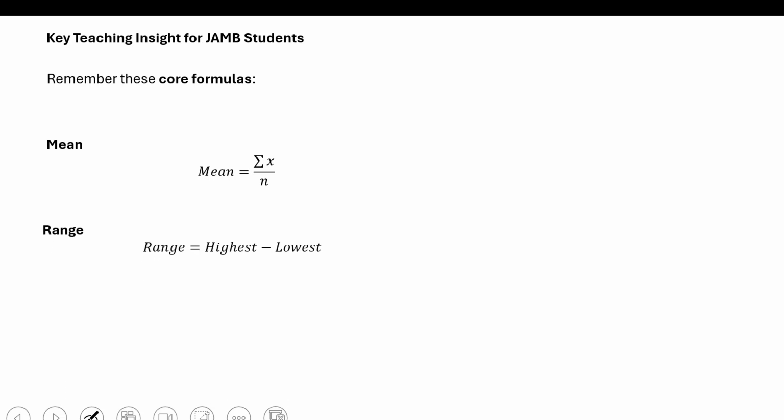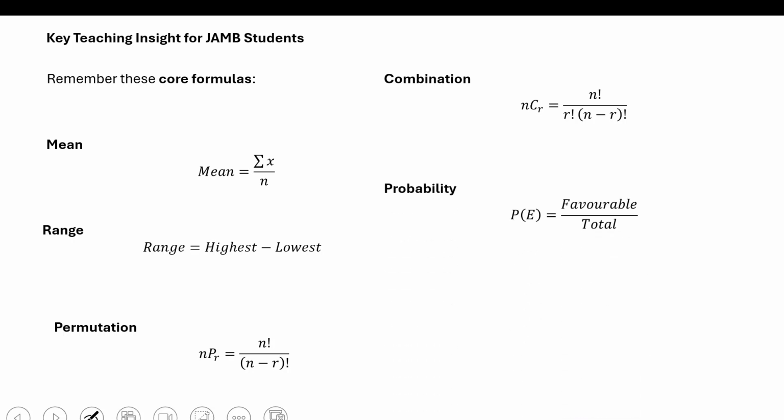Range for a distribution is the highest number in that distribution minus the lowest number in that distribution. For permutation, n permutation r translates to n factorial over n minus r factorial, and combination n combination r is n factorial over r factorial, open bracket again, n minus r factorial. All right, so probability is favorable outcome over total outcome.